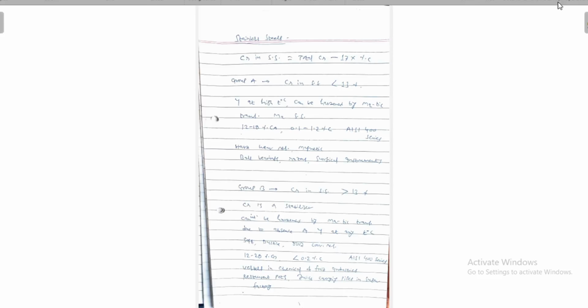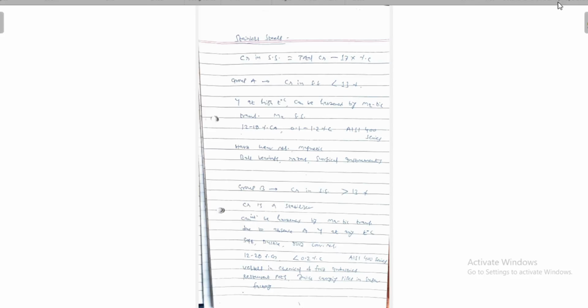So due to the presence of ferrite in the microstructure, this stainless steel cannot be hardened by quenching. It means the transformation to martensite is not possible, because in the heat treatment chapter we have already seen that the transformation to martensite is only possible if the parent phase is austenite or gamma iron.